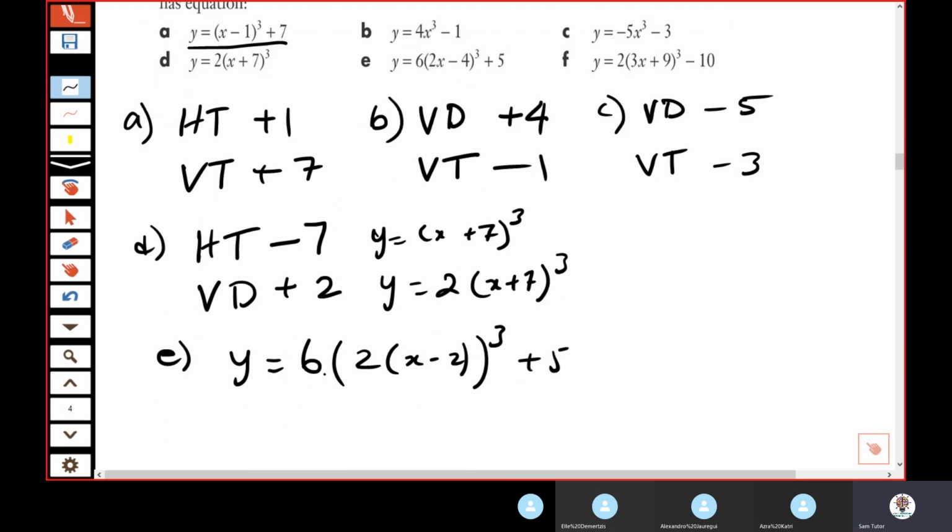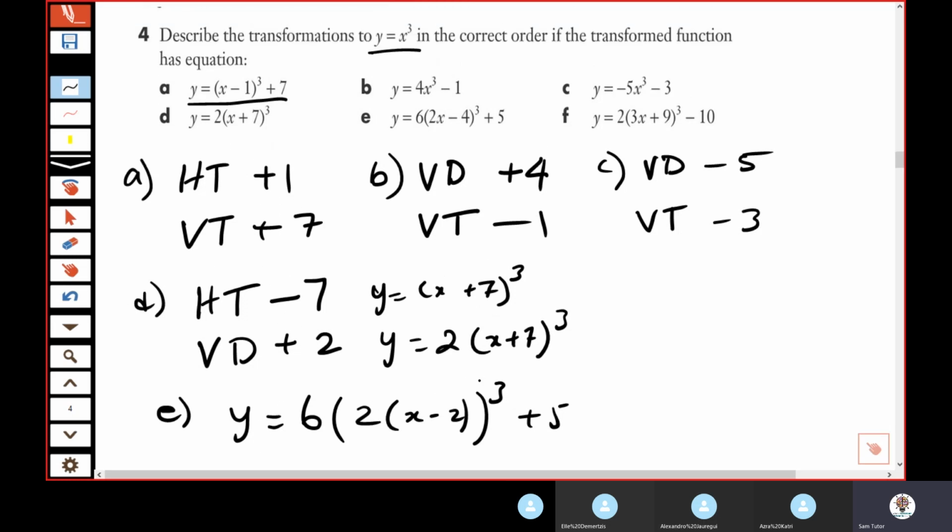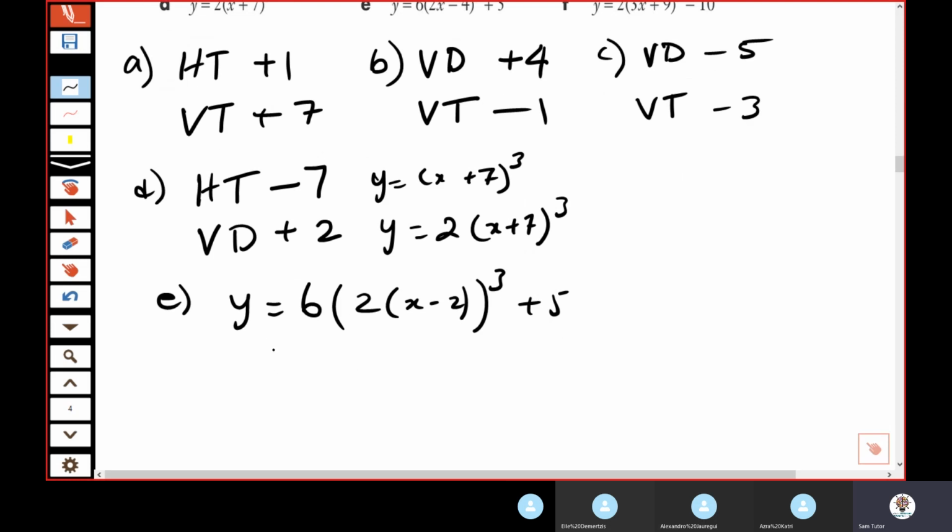So the first thing is we're going to do, oh gosh, 2x cubed, right? All right, yeah, 2x cubed, good. All right, attached to the cubic. Be careful. So that one is attached to the x. What did I say? Horizontal dilation of a half.